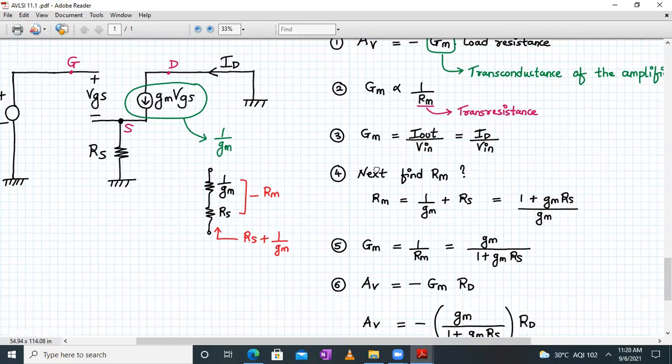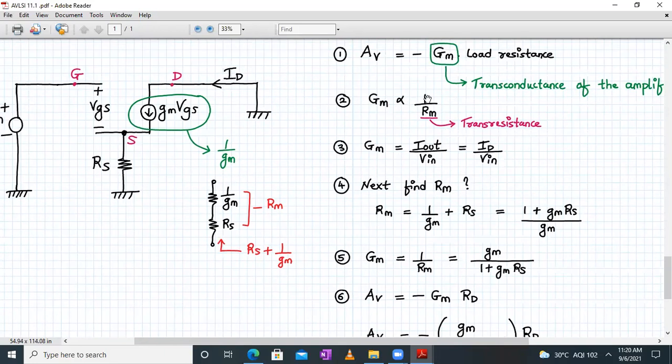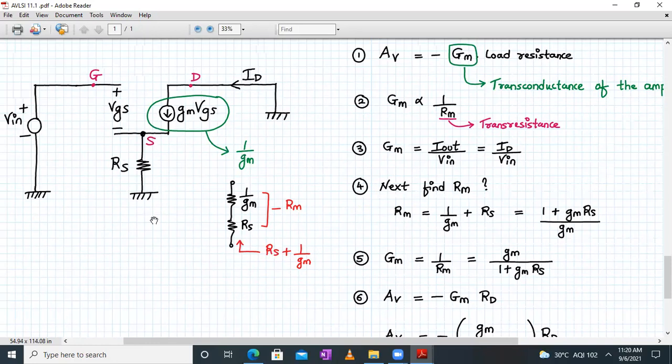Next we have to find Rm, the transresistance, which can be found by looking into the source terminal. When you look carefully between the gate and source, what is the resistance offered by this current source?